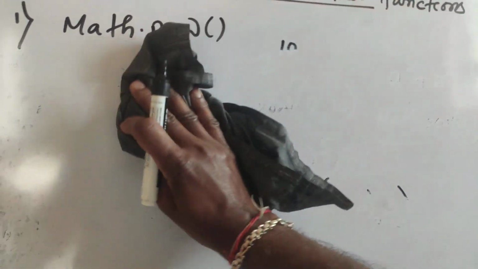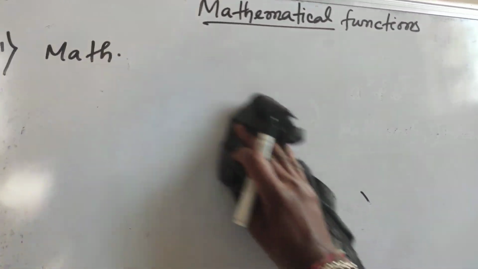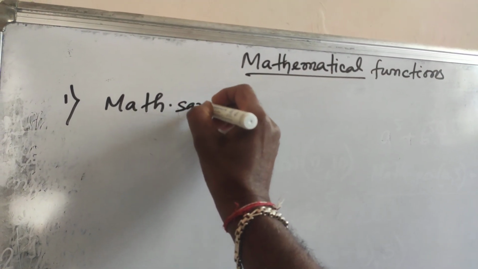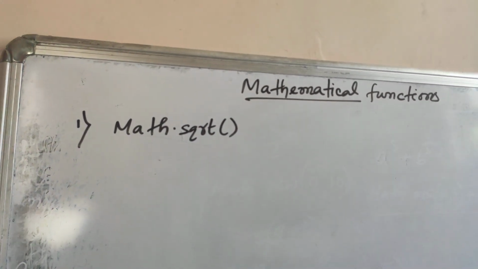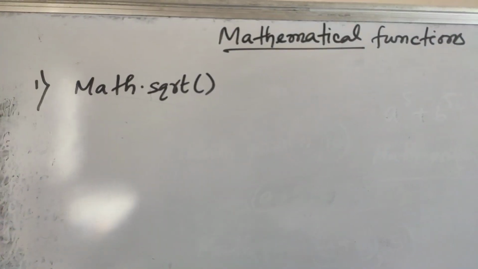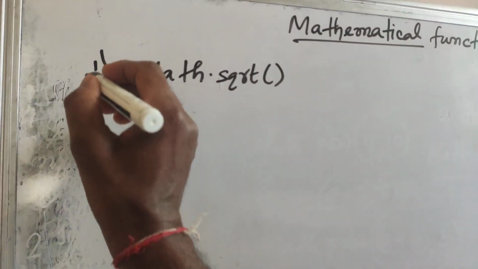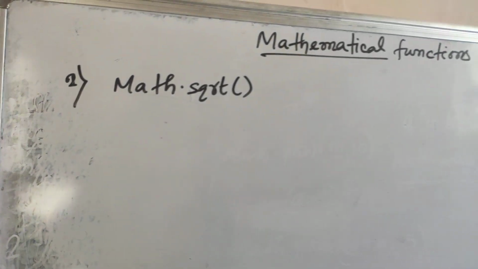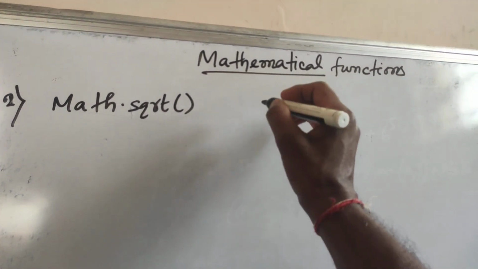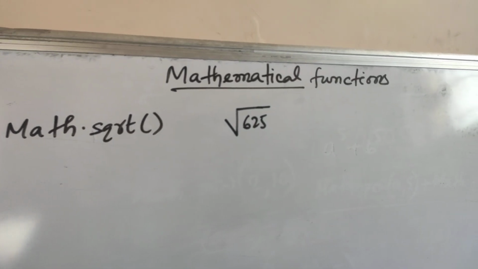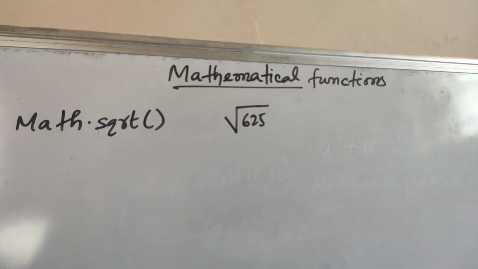Now the next command is math.sqrt to find out the square root of a number. So math.sqrt, square root, this is the second one. Suppose you want to write the square root of 625, in copy we write it in mathematics this way.